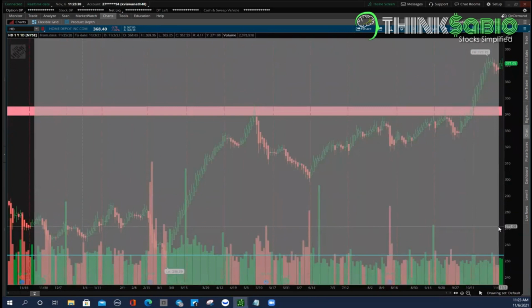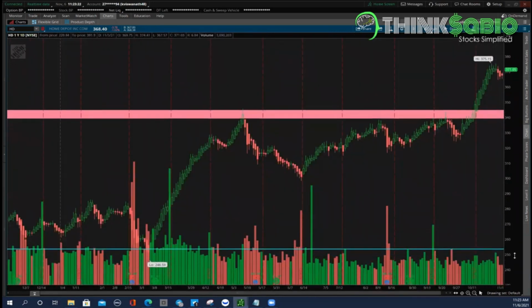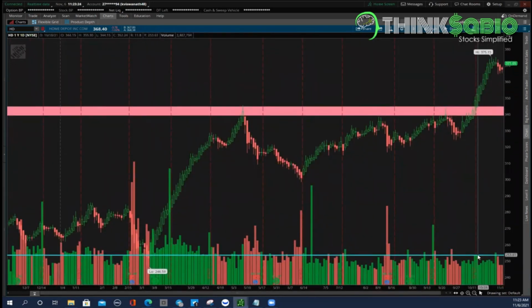Because like I said, this volume is here. How many times did HD touch this level of volume in the last 1 year? You have to look at that, right? Here, it has a huge volume, and then you have to look at from here to here, when the price dropped from here to here, how many times did HD make this much volume or this much volume here, right?